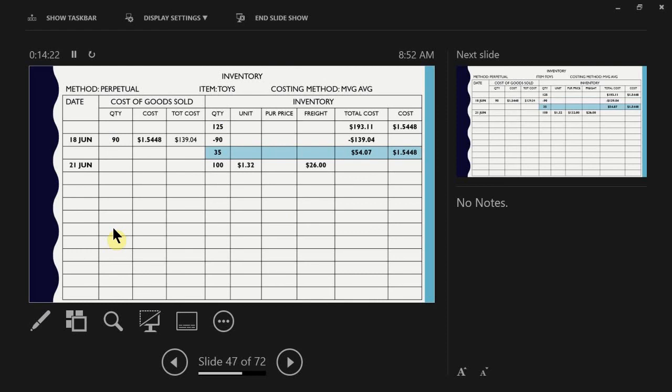I got 100 items at $1.32, giving me 132 plus 26 should give me $1.58. And then again, we're going to rinse and repeat. We're going to add those two numbers together, and we get 135 total, giving us a grand total of $212.07. Now, what is my total average cost per item?